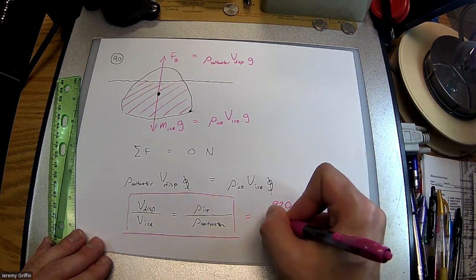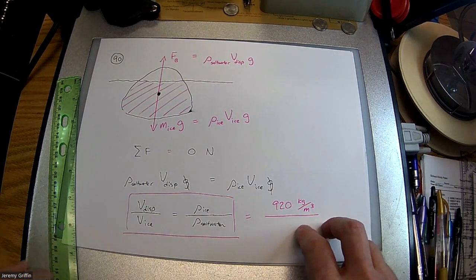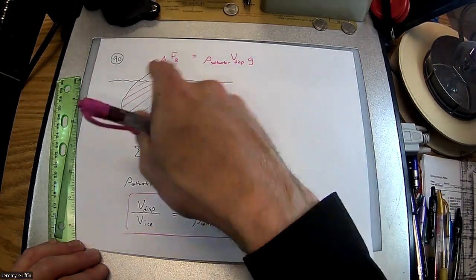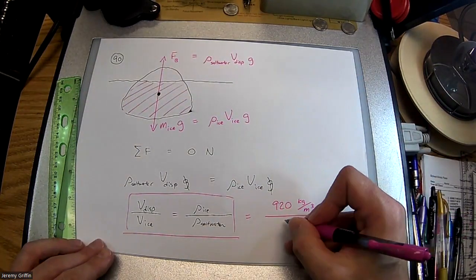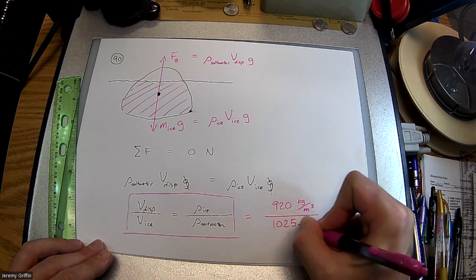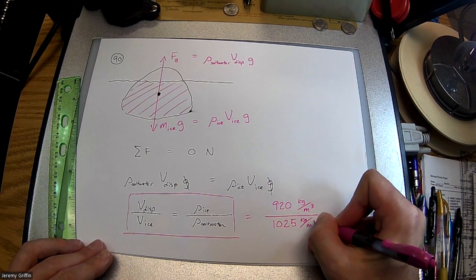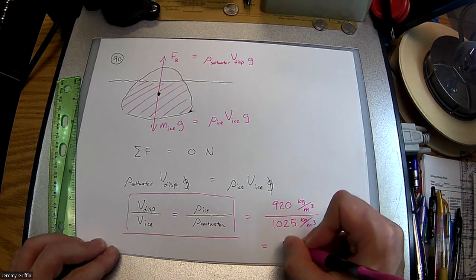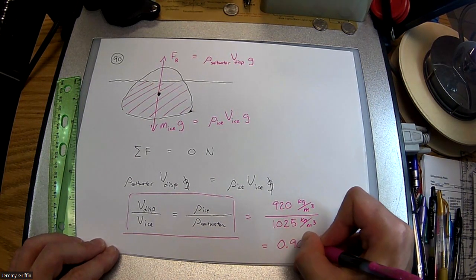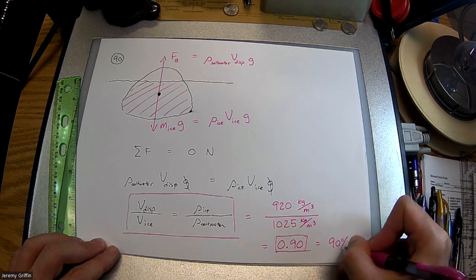I don't know if these numbers are exactly true. Don't quote them in a scientific paper, but they're pretty ballpark, pretty close to true. Or maybe it has little sediments in it or something. And for seawater, I'm using about this number, which might be slightly different from your paper, possibly. I tried to pick something reasonable. Anyway, I divide that out and get a number that I can interpret as 90%.